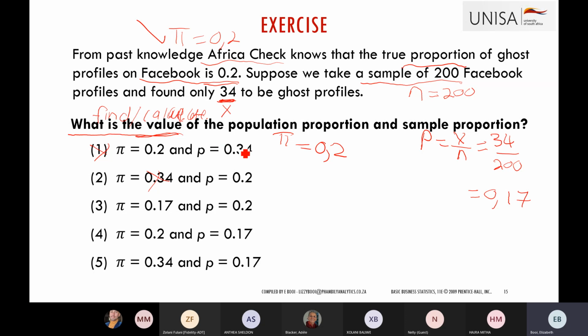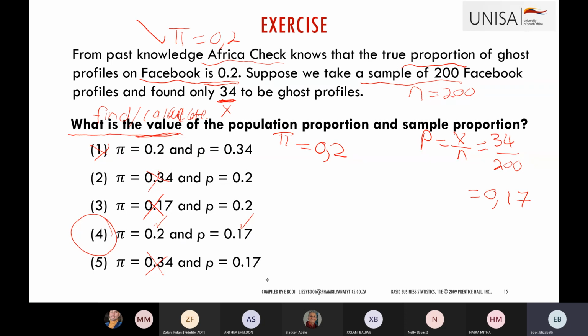My pi is 0.2 and my p is 0.17, yes, it's correct. So my answer is that, and the other options would be incorrect. And that's how easy it will be.